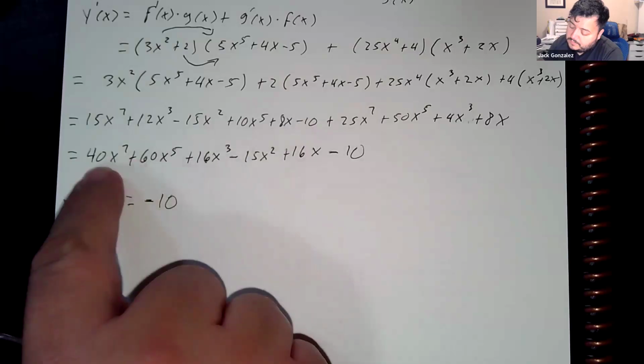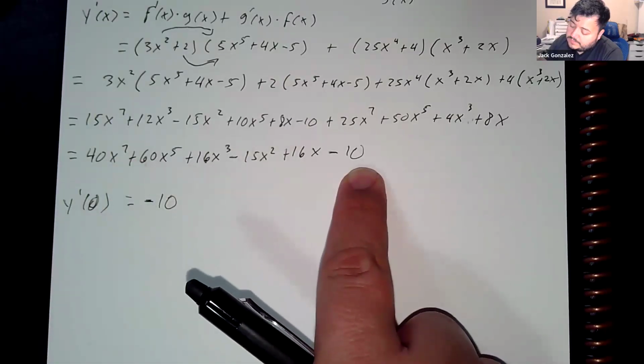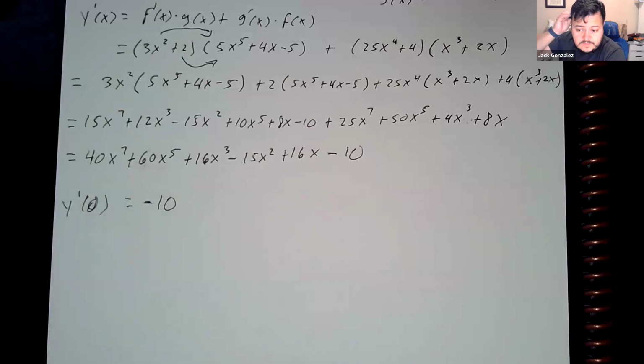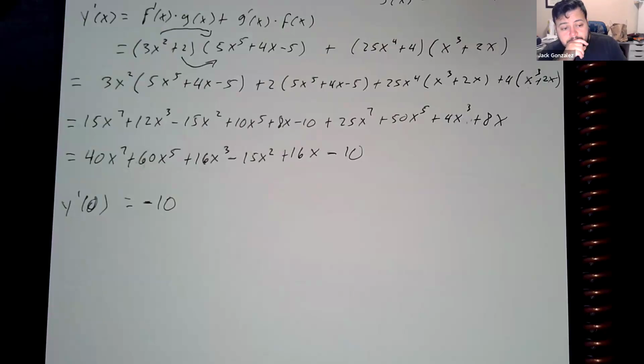So for the first answer, part A would be this, part B would be that. The negative 10. Let's check. No, I don't have answers.